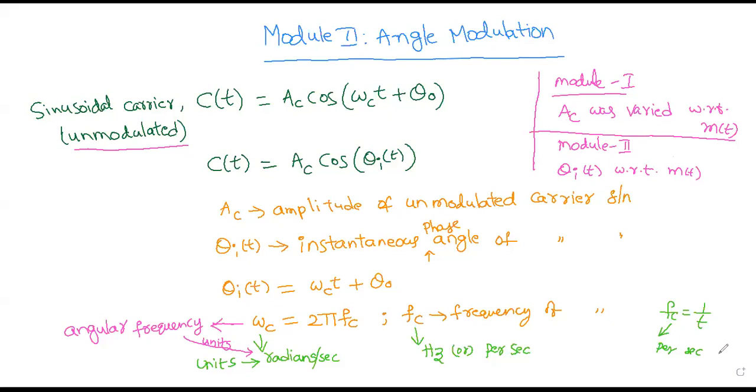Let me talk about that in detail. In module 2, what are we going to do is that theta_i(t), the instantaneous phase angle of the carrier signal, we are going to vary with respect to the message signal.